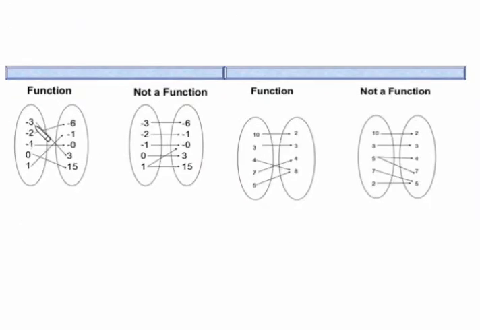This one is 3, minus 2, minus 1, 0, 1. What we see here: minus 3 has 3, minus 2 has minus 6. Here we observe that each and every element has a different pair, this is the domain, this is the range. That's why it is a function.